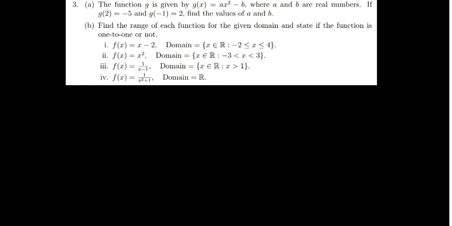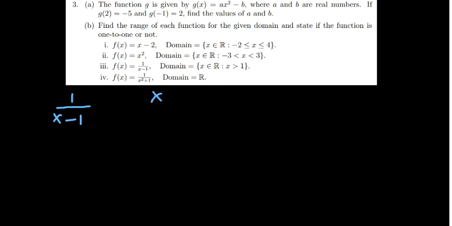Now going to the third one, where we are saying x is greater than 1. Quickly we can come up with a sketch. The function itself is 1 over x minus 1.